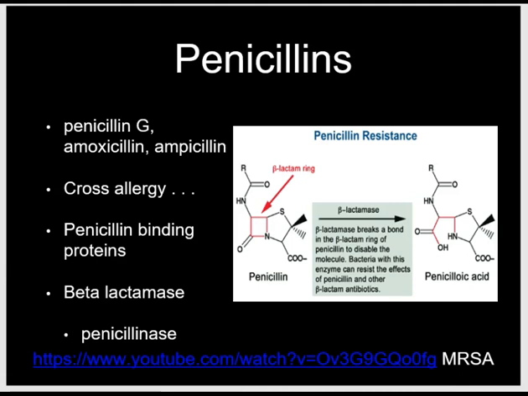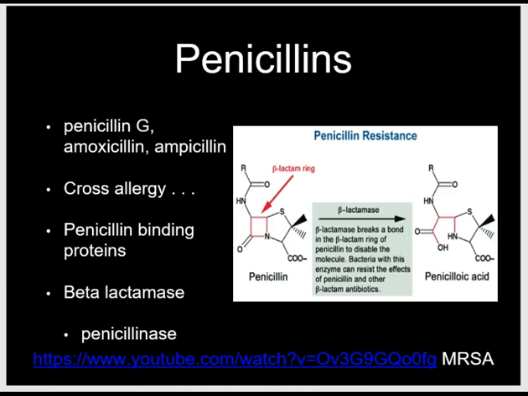You have to ask about what kind of allergy they have. So they can get cephalosporin if they're allergic to penicillin. We just have to find out: was it just an itchy rash or just a GI upset and rash, not anaphylaxis?